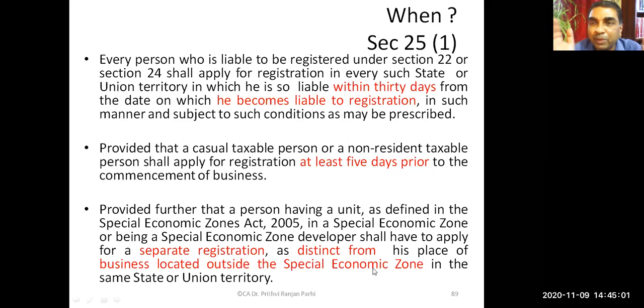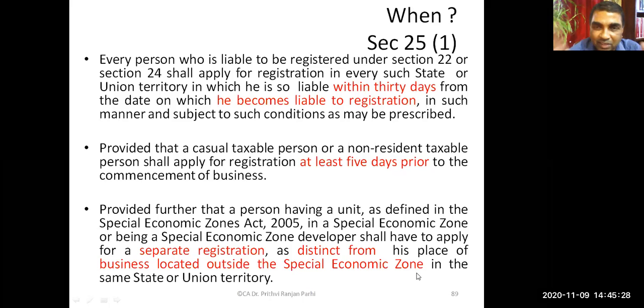That means if someone has a place of business outside SEZ and a place of business in SEZ, then he should have two separate registrations. For the place outside SEZ there will be one registration, and for the place located inside SEZ there will be one more registration.